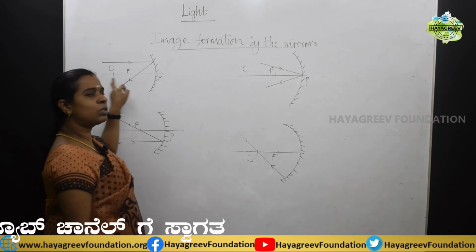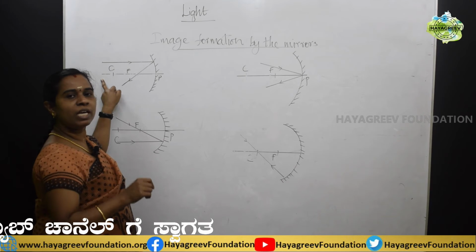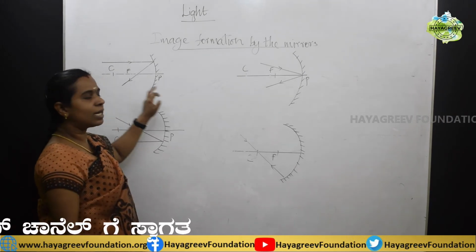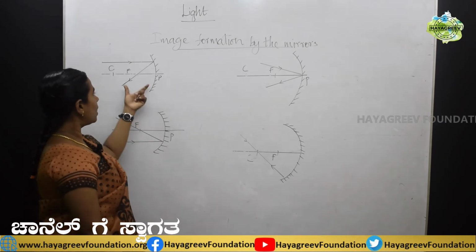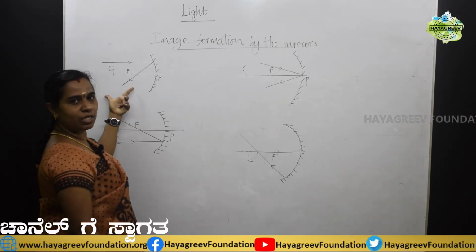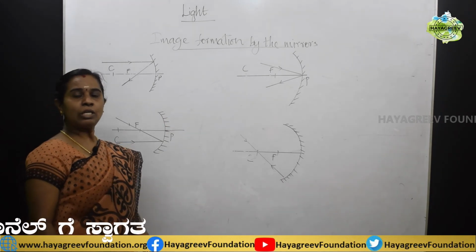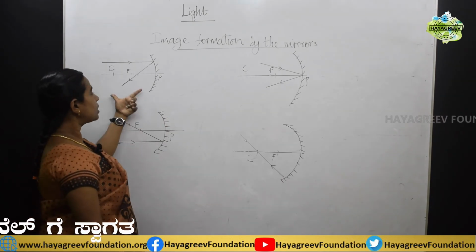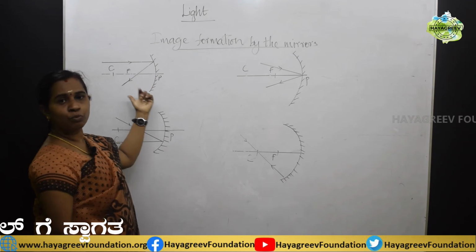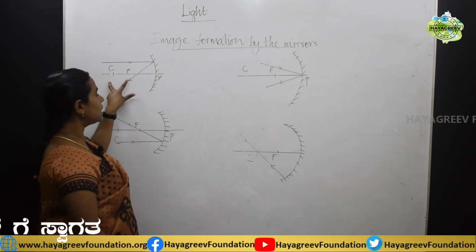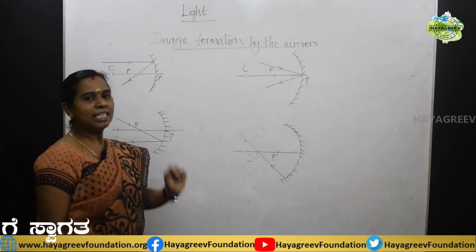From there, another 3 cm we mark, that is the center of curvature. As I already said, r equal to 2f, so the radius of curvature is twice the focal length, with equal distances of 3 cm.